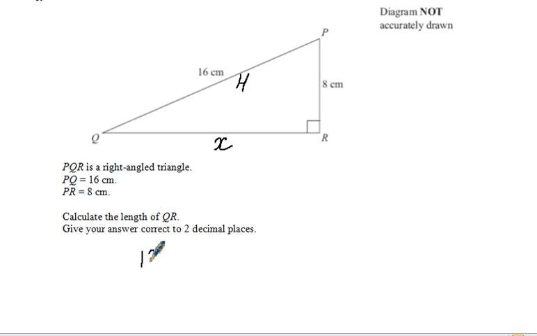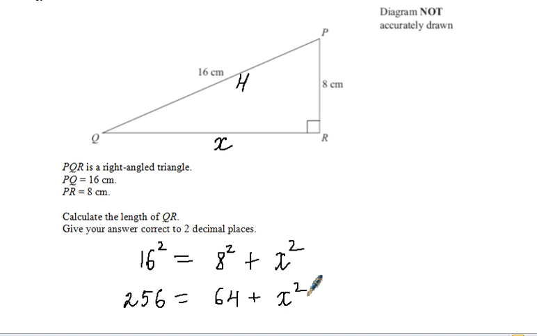So 16 squared, which is the square of the longest side, is going to be equal to the sum of squares of the two shorter sides, 8 squared plus x squared. 16 squared is 256, 8 squared is 64, plus x squared.